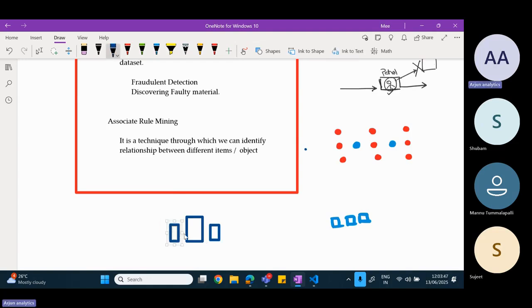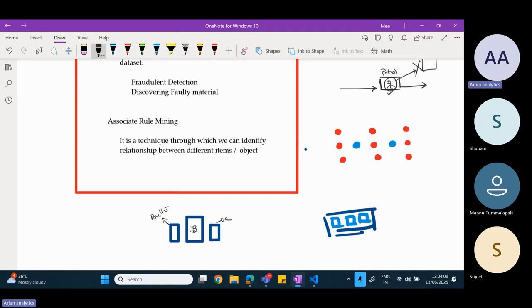They are not the same; they are different. With jams, all are the same, so there's no problem. But in this case we have bread, this is my cheese, and this is my butter.